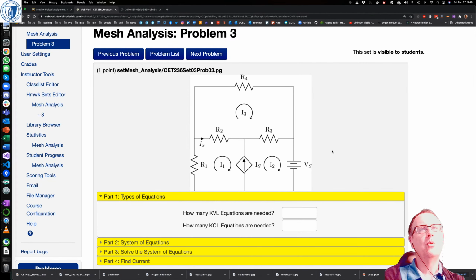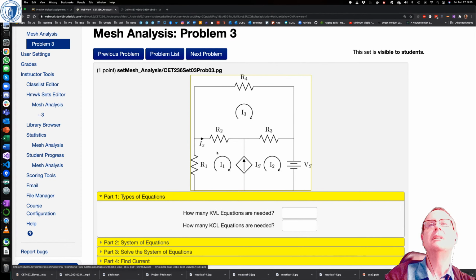And whereas normally we'd have a KVL equation for I1 and a KVL equation for I2, because we do a super mesh approach, we have to do a KCL equation to make, in this case it would be I2 minus I1 equals Is, right?